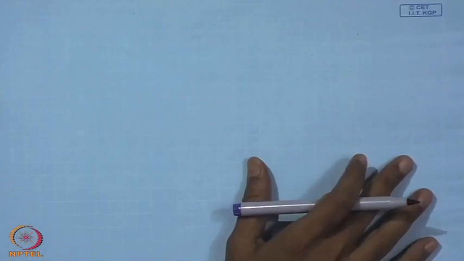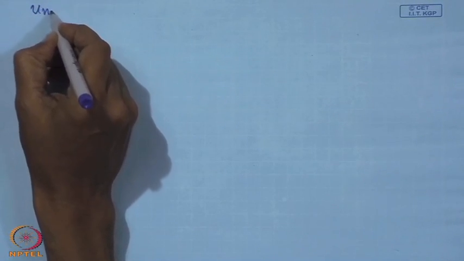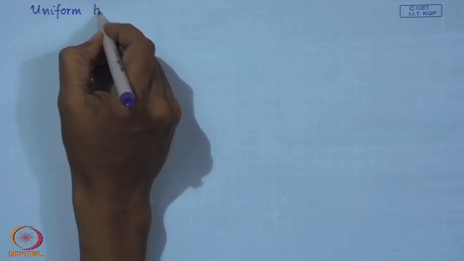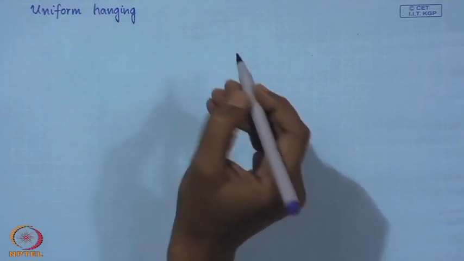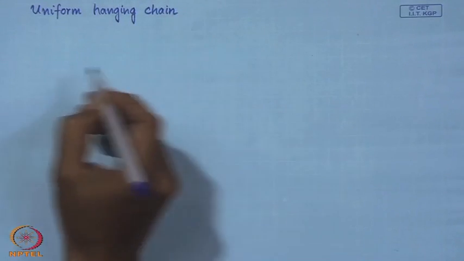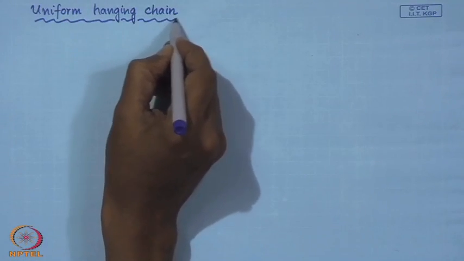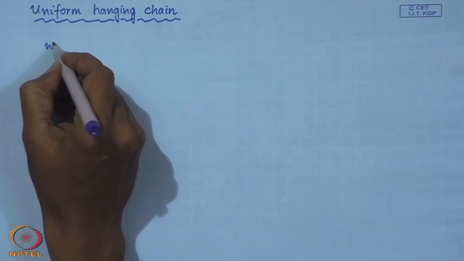The next example that we are going to look at is that of a uniform hanging chain. We have derived the equation of motion of a uniform hanging chain previously, and it looks like this.